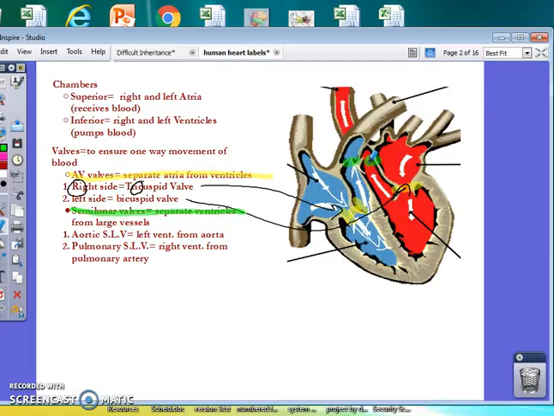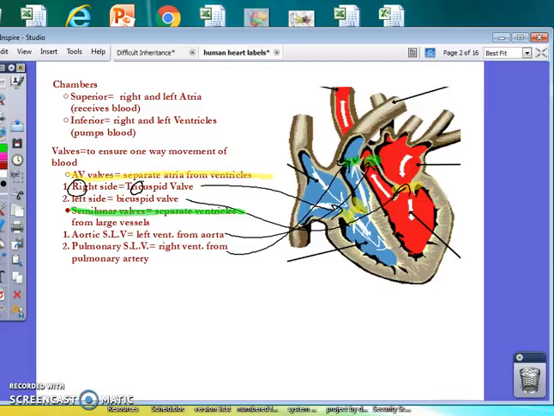The semilunar valve that keeps the blood from flowing back from the lungs is the pulmonary semilunar valve, which is right there, because that's going to the lungs. The word pulmonary means lungs. And the semilunar valve that keeps the blood from coming back into the left side of the heart is called the aortic semilunar valve.